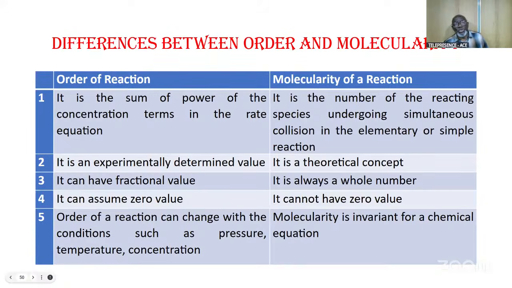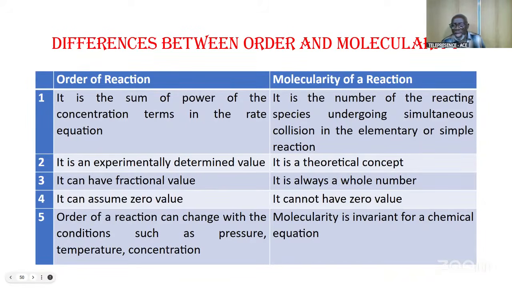Now, the differences between order and molecularity. Order of reaction is the sum of the powers of the concentration terms in the rate equation. The rate equation is got by experiment, you have to do an experiment to get it. So the power to which the concentration is raised in the rate equation is the order of reaction.